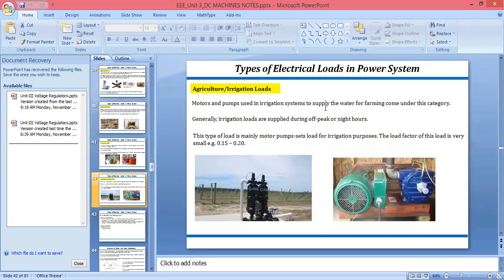Then we have seen about the agriculture load. It means what? Motors and pumps that are used in the irrigation system. We can call these an agricultural load. Those used to supply water for farming come under this category.